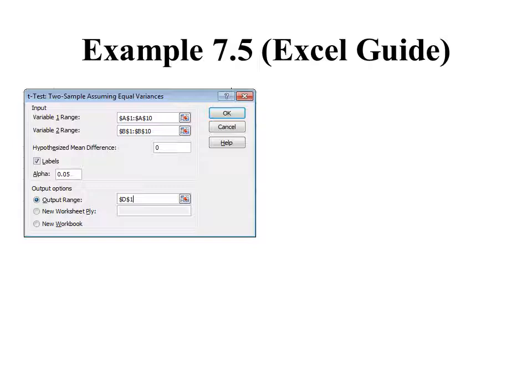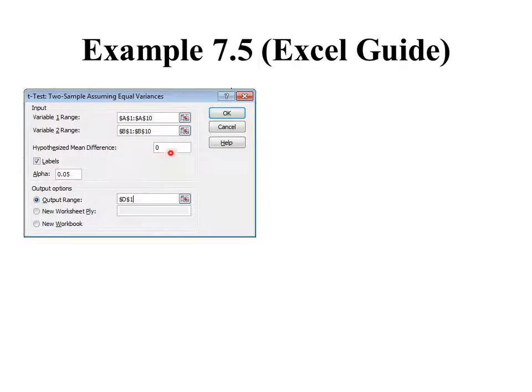In this first blank, you're going to enter the range of your first set of data, and here the range of your second set of data, or I should call this the first sample and the second sample. This is for the drug and this is for the placebo. Here we're going to put the hypothesized mean difference. We could think of this as the number that appears in the null hypothesis.